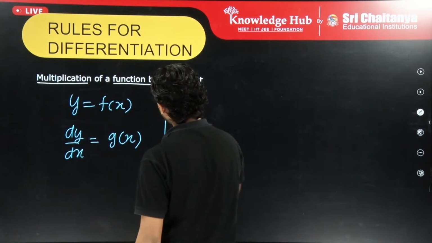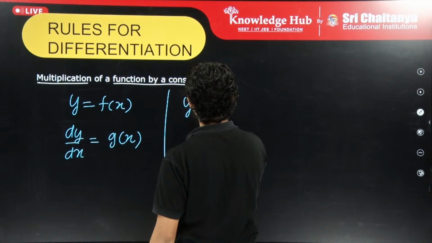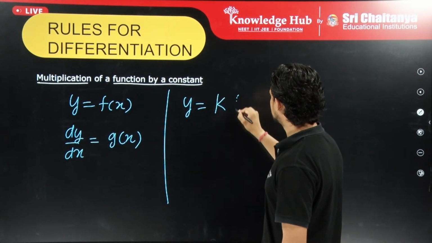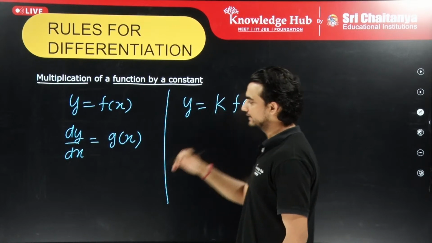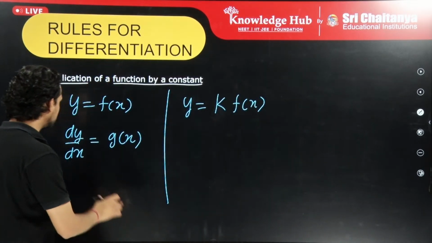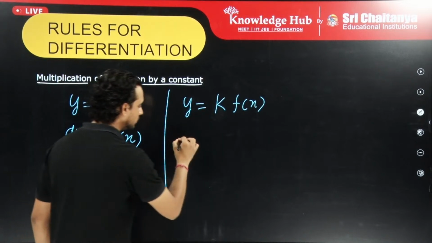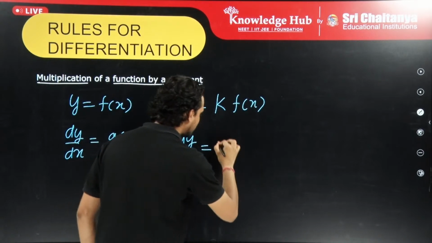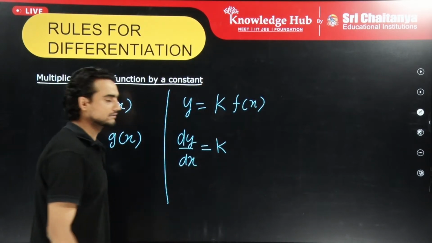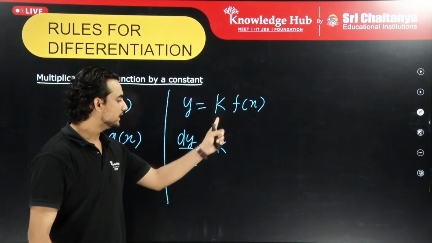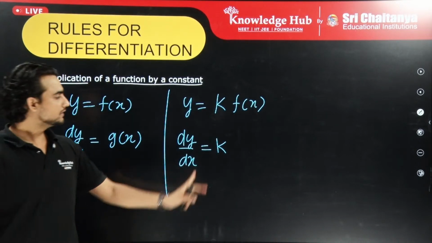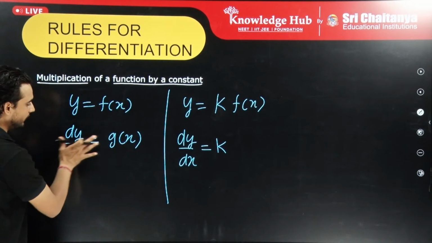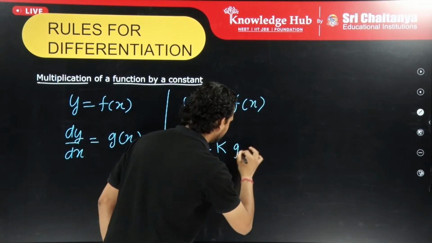Now if I multiply this function y by some constant, let's say k, my new function is y equals k f of x. The differentiation dy by dx will be k into the differentiation of f of x. We keep this constant as it is and just differentiate the function f of x, and we know that it is g of x, so we get k g of x.